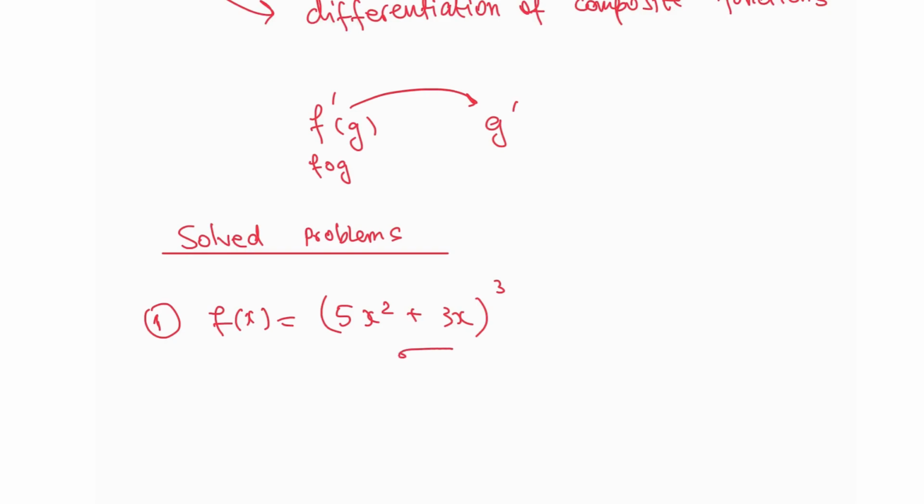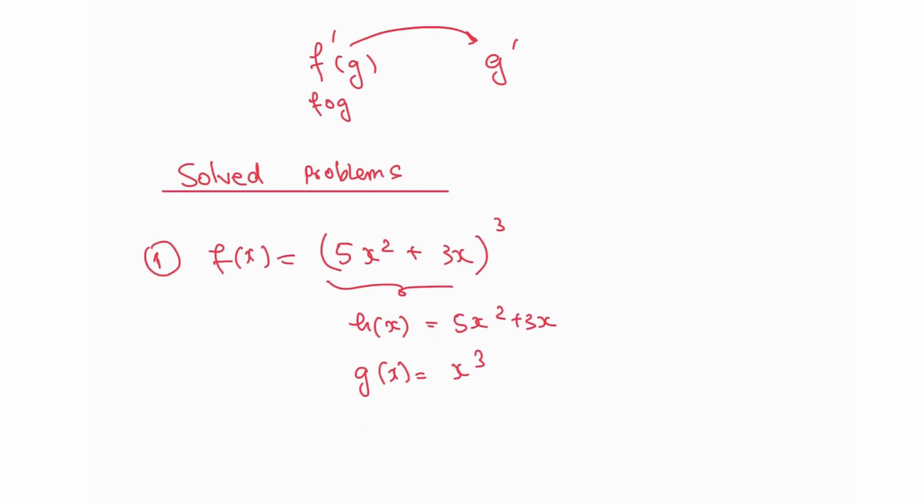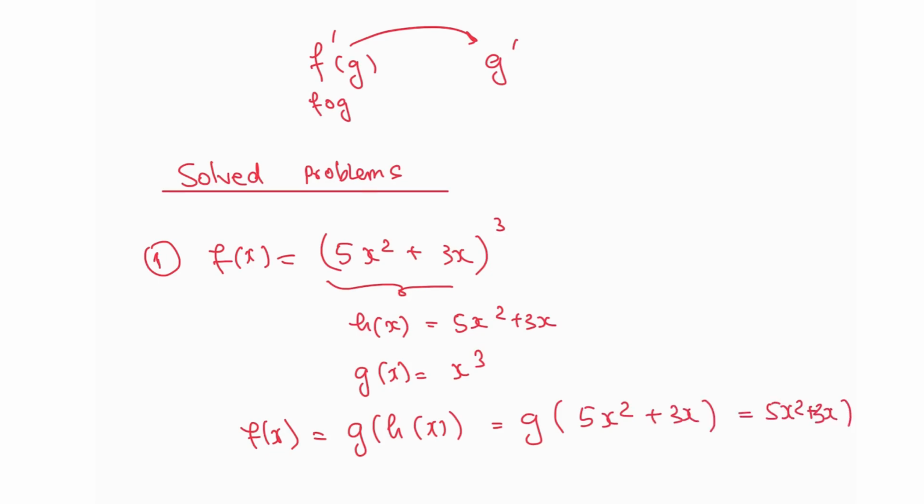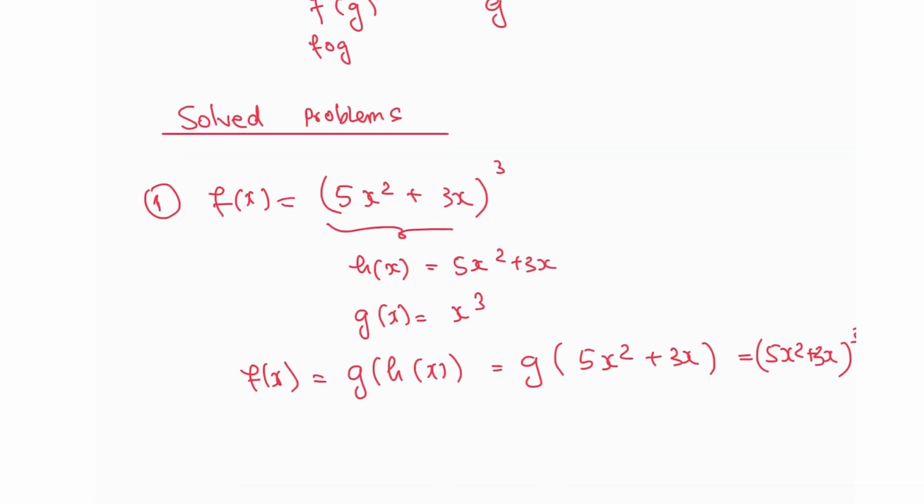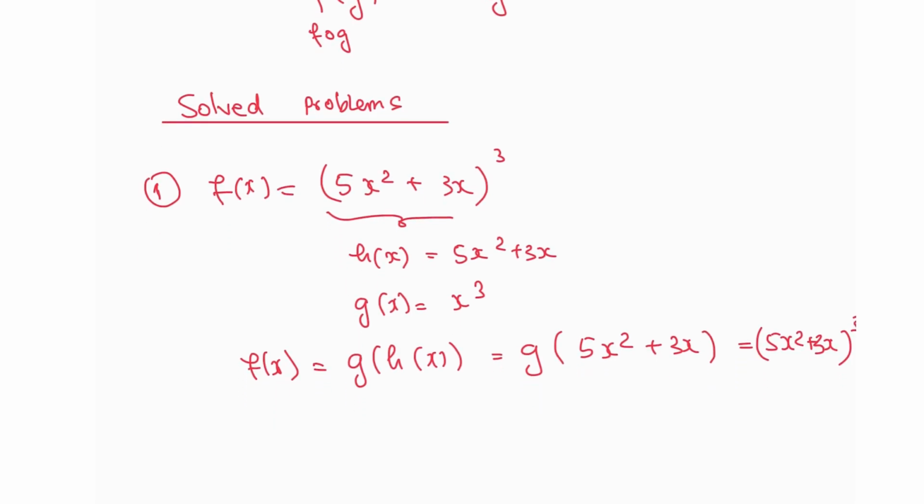If you take h of x to be 5x squared plus 3x and g of x to be x cubed, then f of x is actually g of h of x, which is g of 5x squared plus 3x, and that is 5x squared plus 3x cubed.